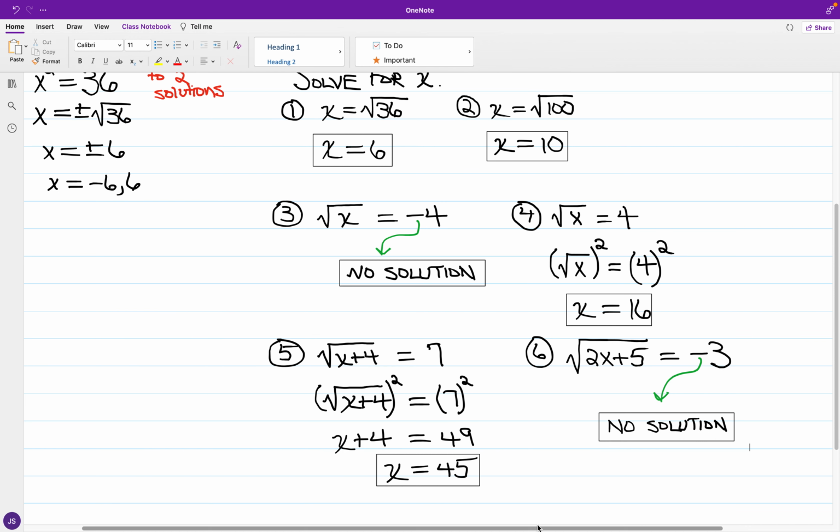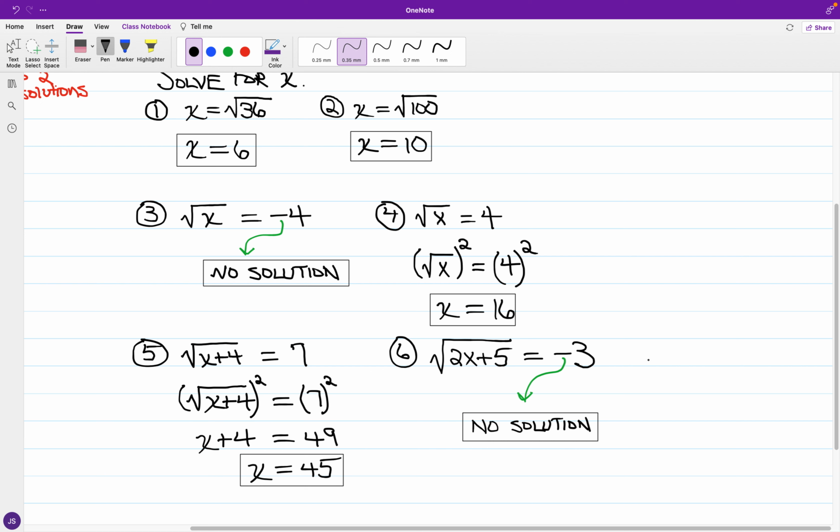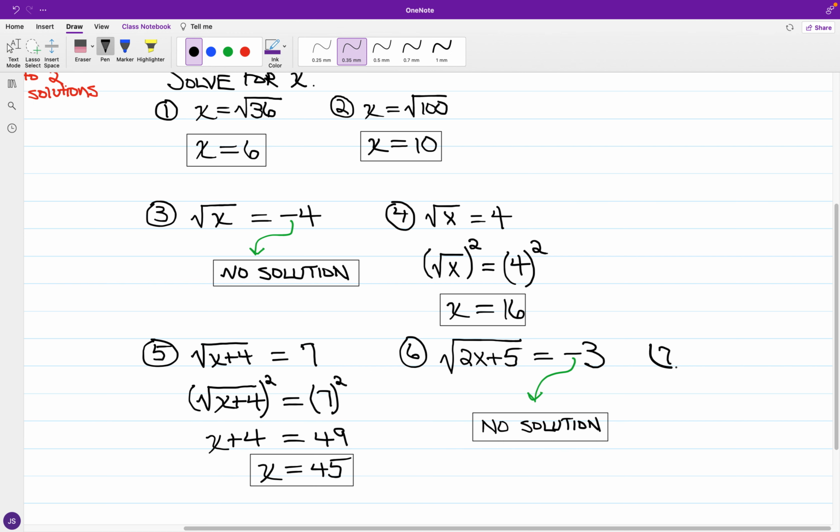Now let's say I were to modify the terms a bit. Let's say I had the cubic root of 2x plus 5 is equal to -3.